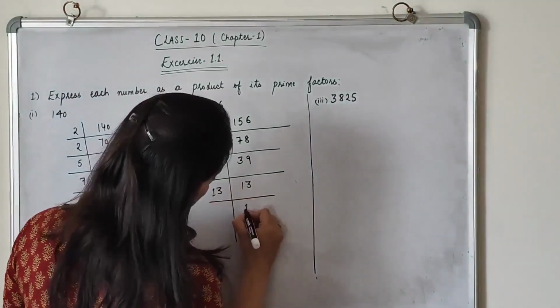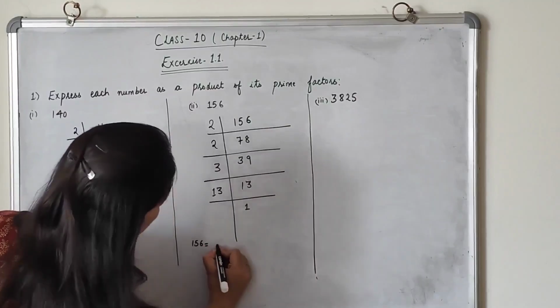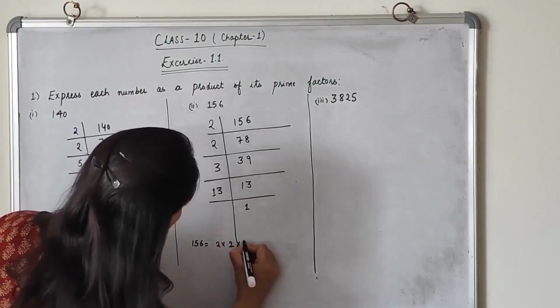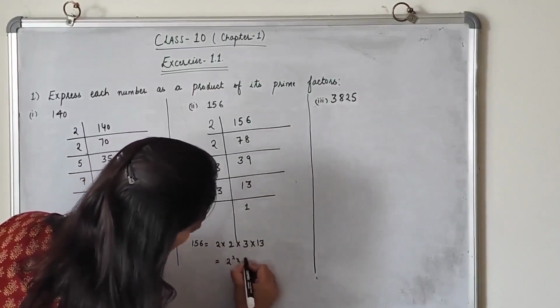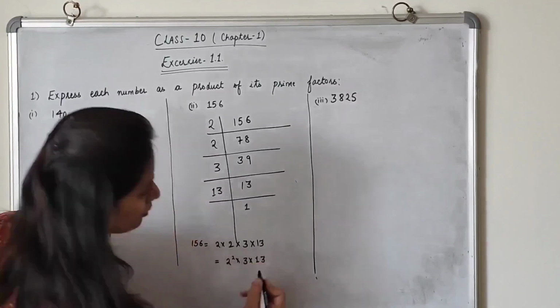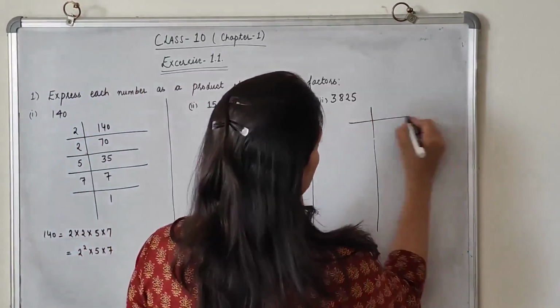And 13 ones are 13. So prime factors of 156 are 2 cross 2 cross 3 cross 13, which is 2 square into 3 into 13. Next we have 3825.